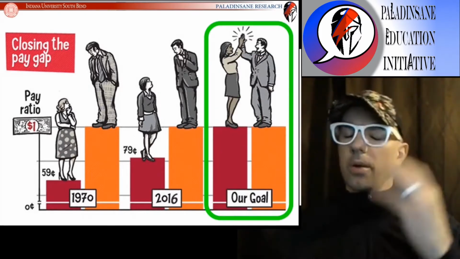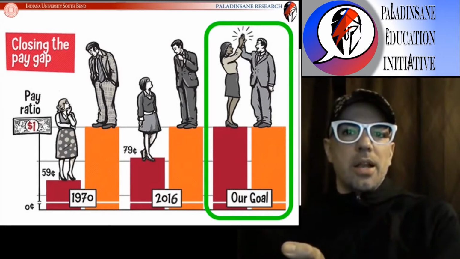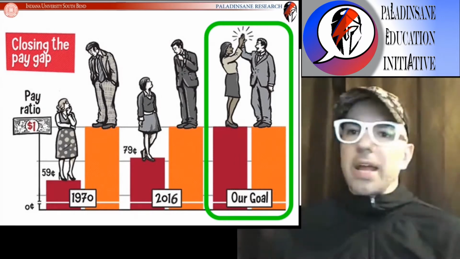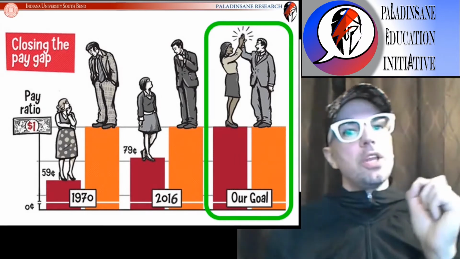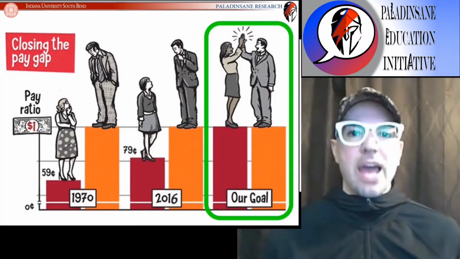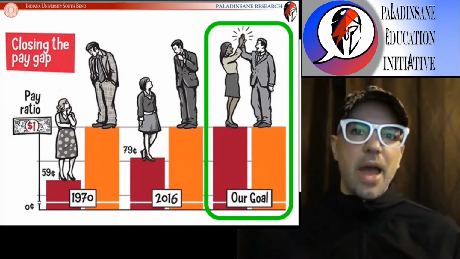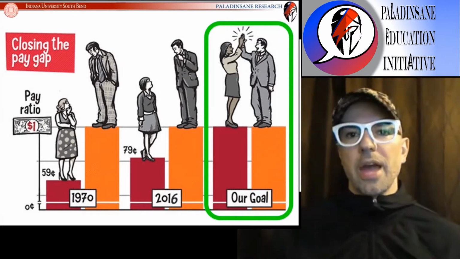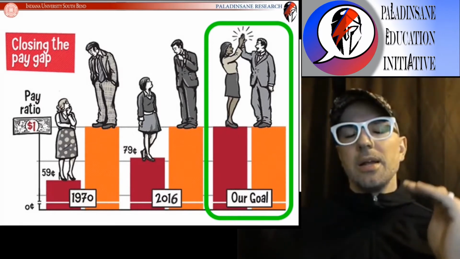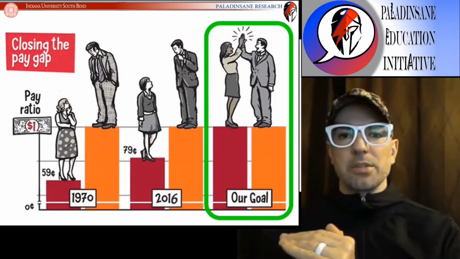So where women make 100% of what males make. We might not live in that world, but we know that if we didn't have a gender pay gap, that would be the situation. That would be the hypothesized mean, that women make as much as males make.